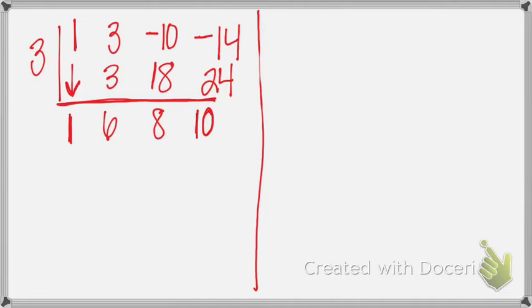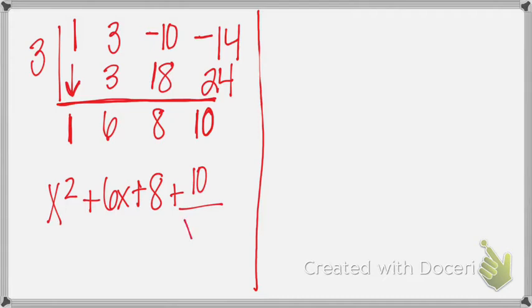So we started with an x cubed. So we're going to end with an x squared plus 6x plus 8 plus 10 over x minus 3.